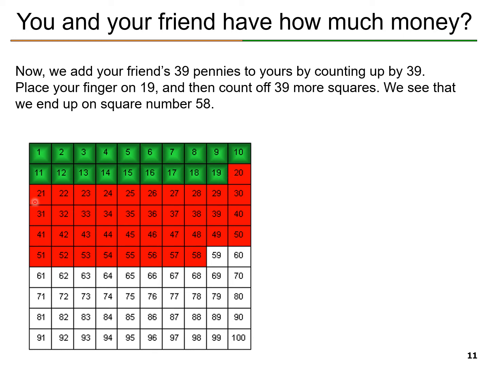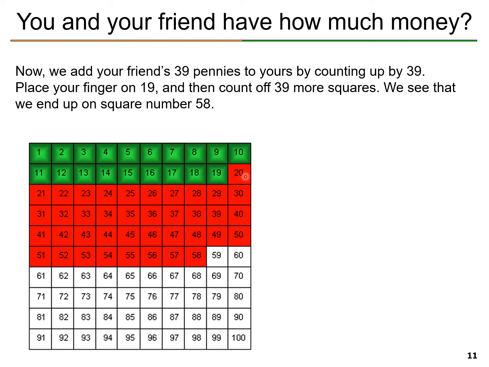Okay, now each row is equal to 10 pennies. 1, 2, 3, 4, 5, 6, 7, 8, 9, 10. So if I got 3 rows of 10 pennies, that's 30 pennies.